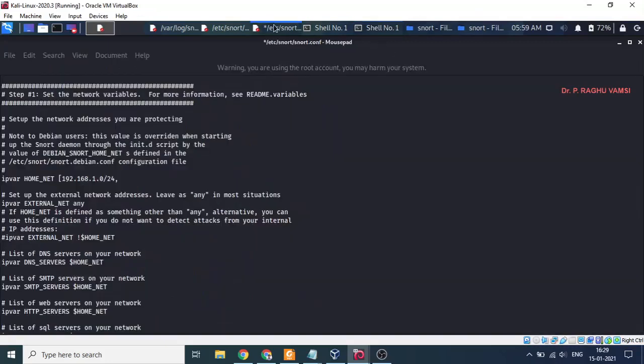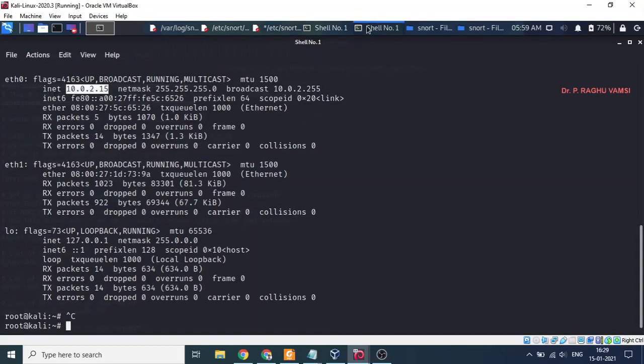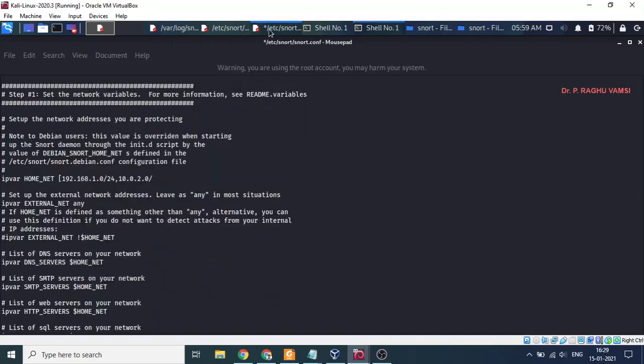So we can include the same here: 10.0.2.0 by what is the subnet mask here? Subnet mask is 24, 255.255.255.0, by 24.